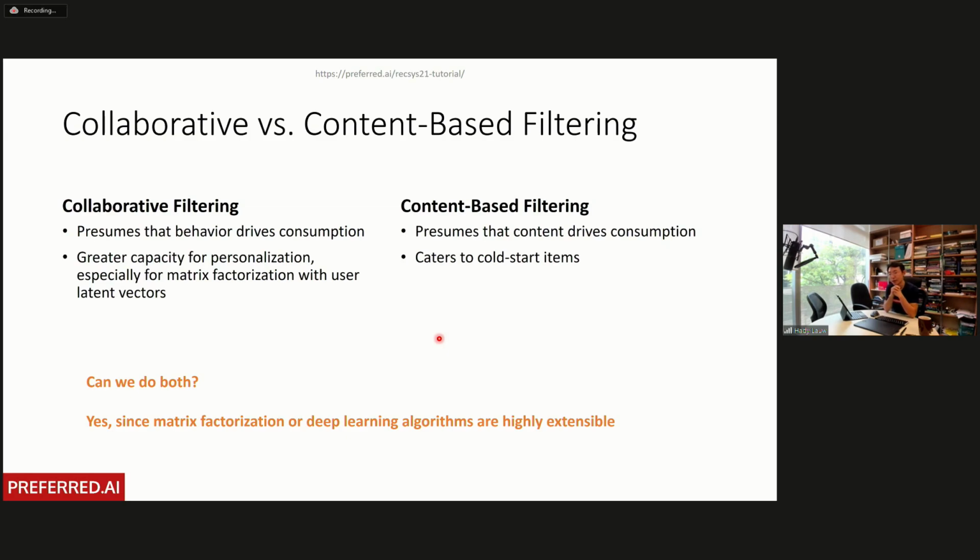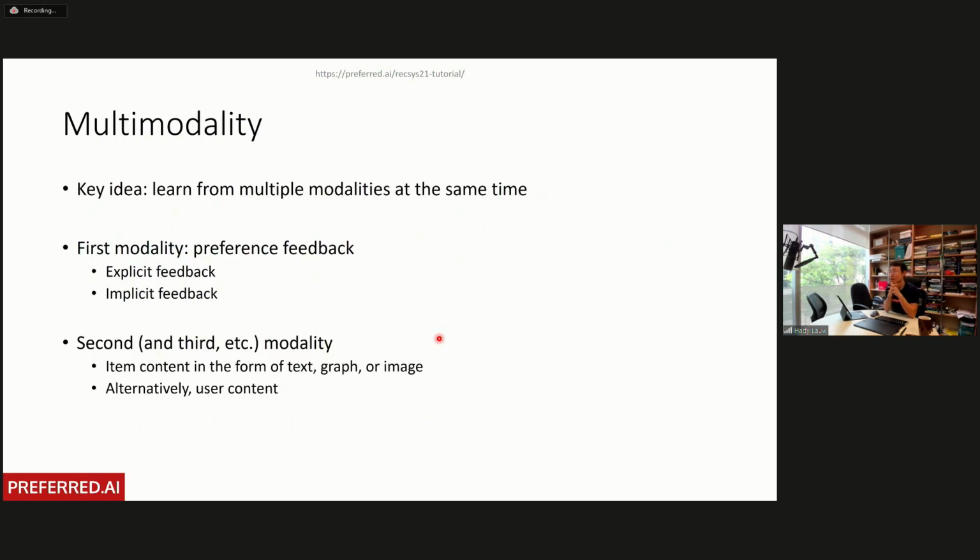The second thing is that it's better because now we have a second source of information that helps us improve the performance. You will take a look at some of the hands-on tutorials, and you will see that in each and every case, we generally get a boost in performance when we are dealing with an additional modality. Now, without further ado, we are going to go directly into multi-modal recommendations.